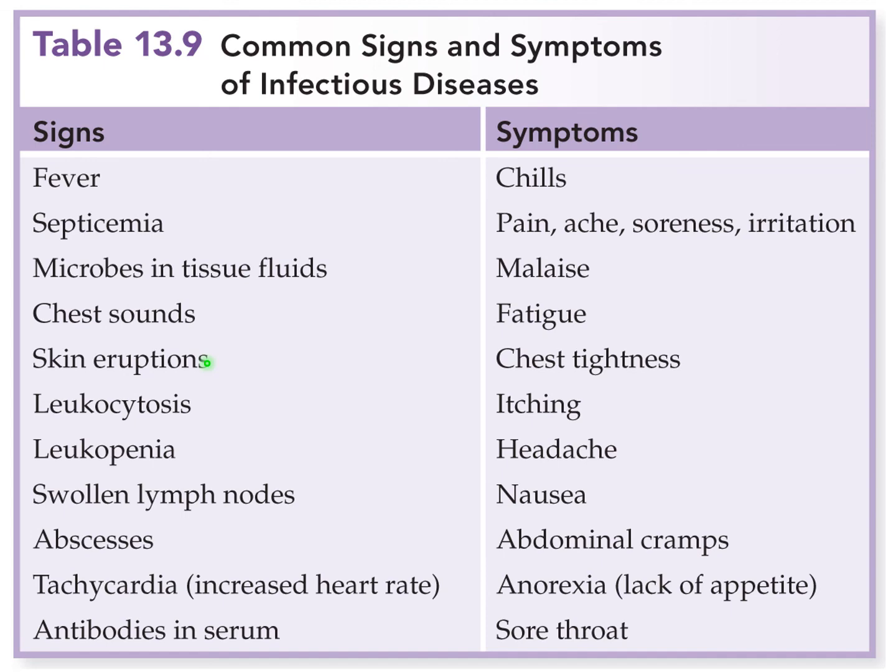I might be able to look at you and say, you look tired, but that truly isn't a true sign. I can measure the amount of white blood cells. I can even measure the size of your lymph nodes, but I can't measure itching. I can't even measure a headache or nausea. Now, I can measure vomitus.